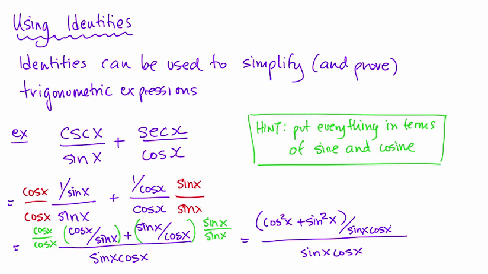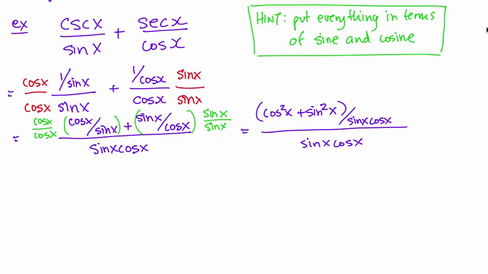You will be using quite a bit of space to write all of your steps down with these, so if I create myself a little more space here, I can start to see other trigonometric identities creeping in here. Cos squared x plus sine squared x, that's the same as sine squared x plus cos squared x, which is 1. And 1 over sine x cos x gets divided by sine x cos x.